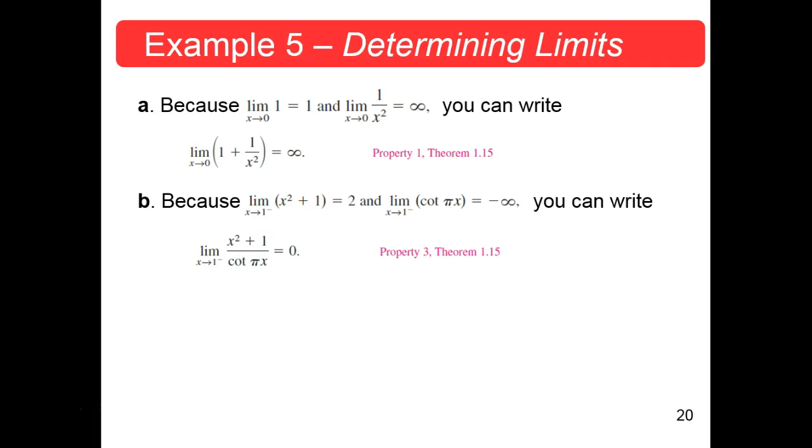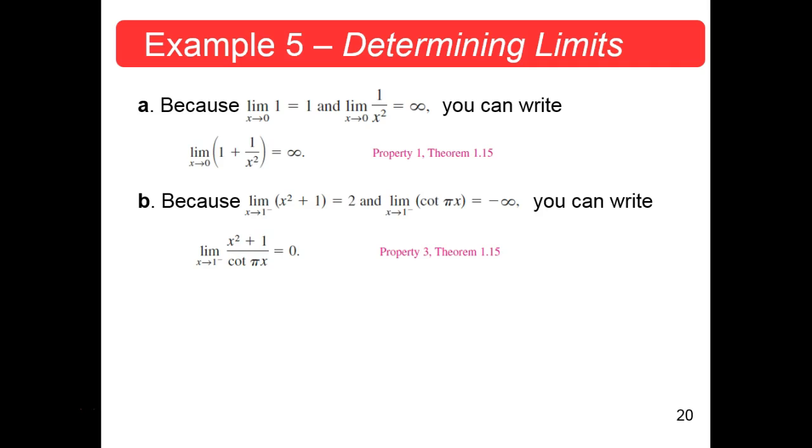And as x is going close to 1 from the negative side, sine of pi x would be going to 0, so cosine over sine would be going to infinity. But it would be going from the minus side, because the cotangent, remember, does like that. So it's going to negative infinity.